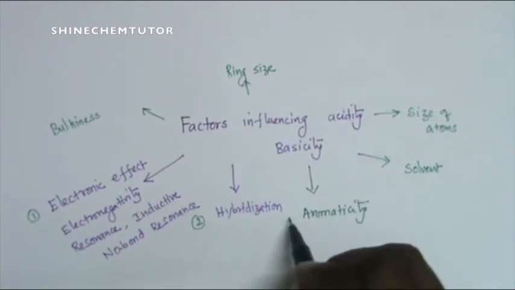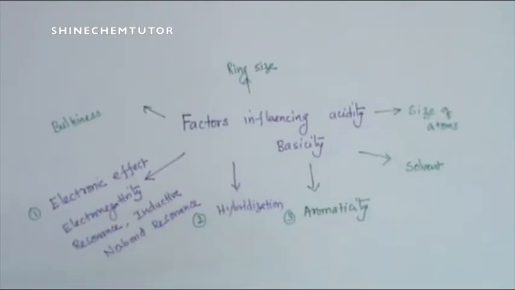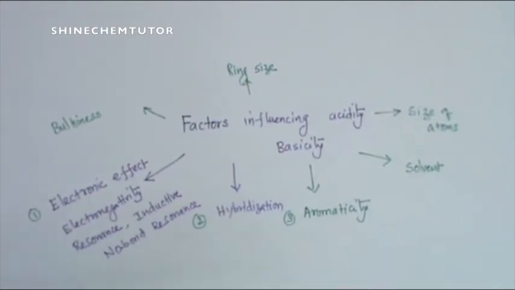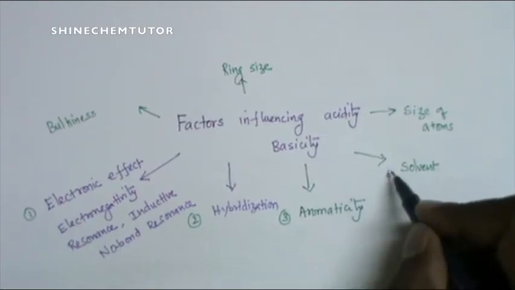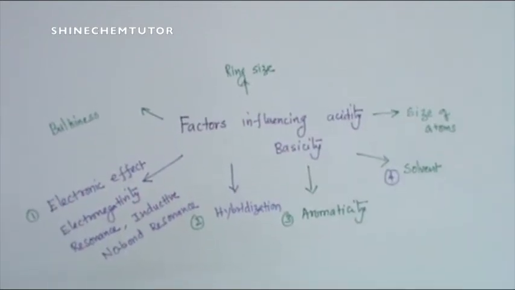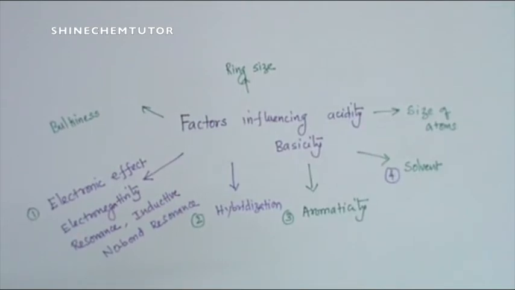The third one is aromatic character. Aromatic compounds are more stable than non-aromatic and anti-aromatic. So the compound will prefer to become aromatic if there is any possibility to become. Thereby the proton will become more acidic or less acidic also. The fourth one is solvent. Based on dielectric constant, the acidity and basicity will change.